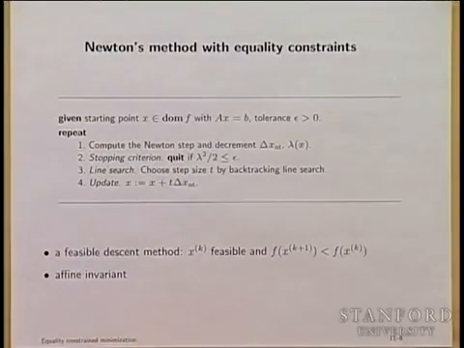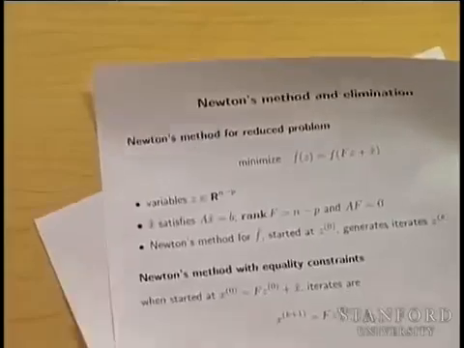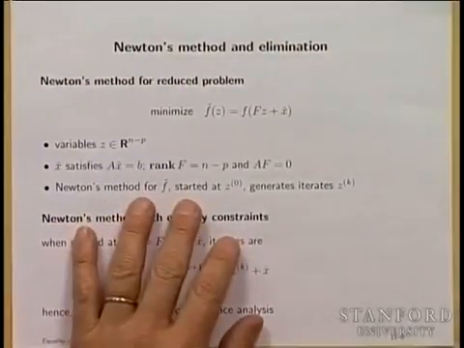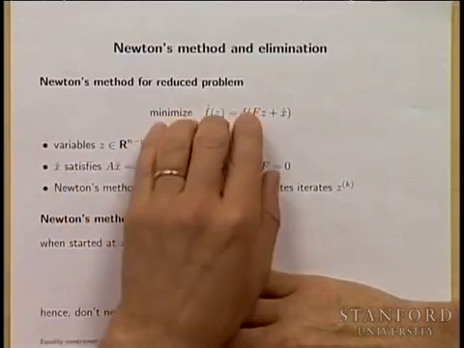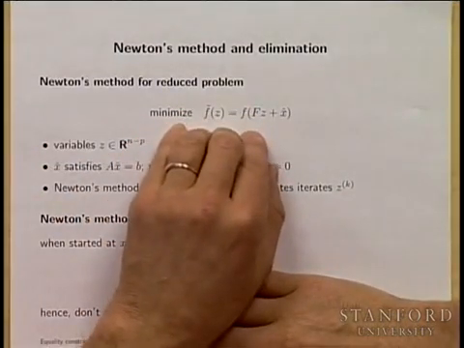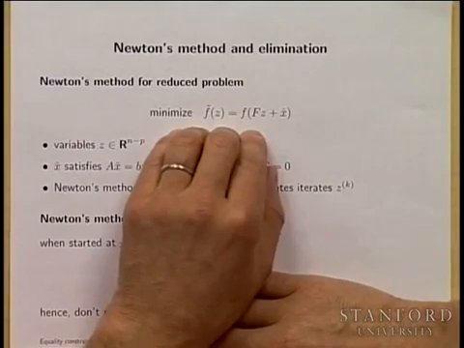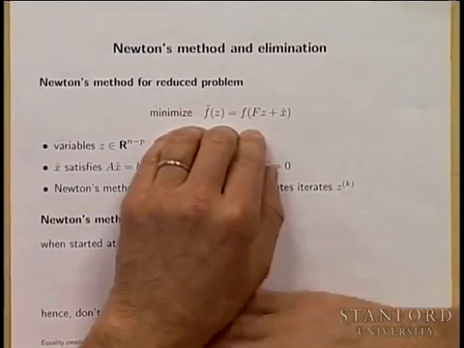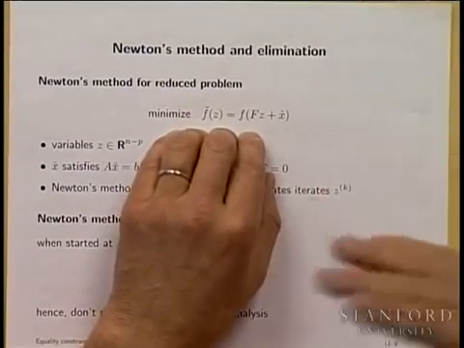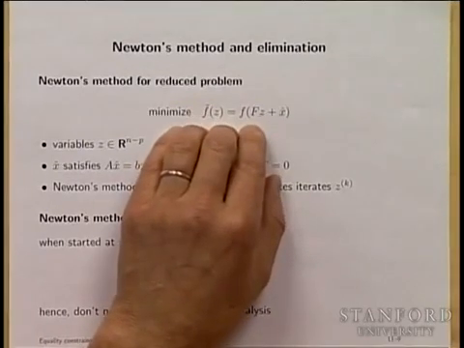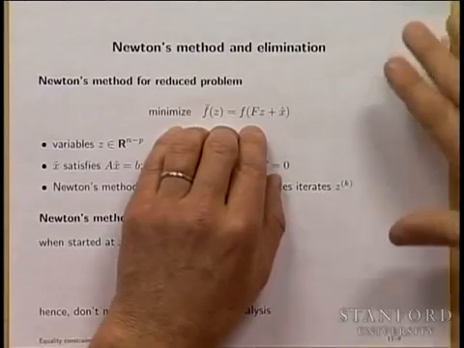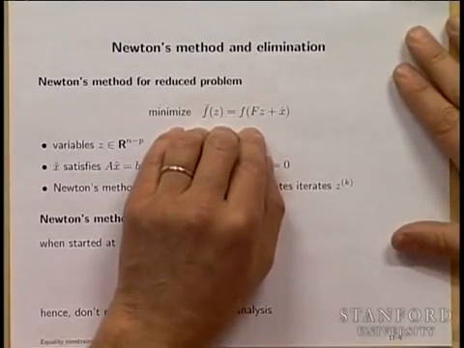It turns out we don't need to do any theory for this, because Newton's method this way is identical to Newton's method with elimination. You get exactly the same iterates. Therefore, everything we know, self-concordance, classical analysis, practical performance, is all the same.